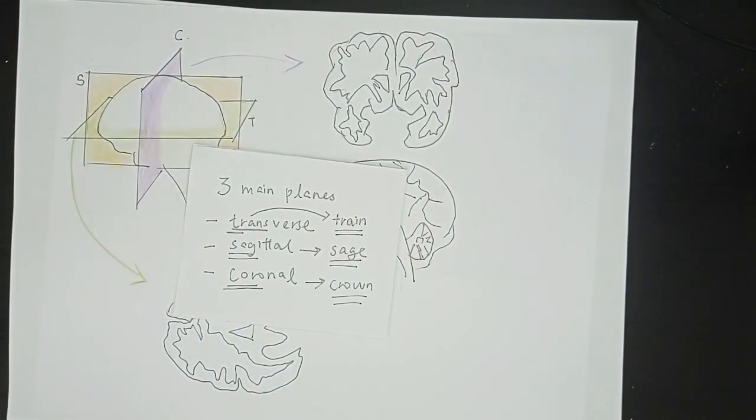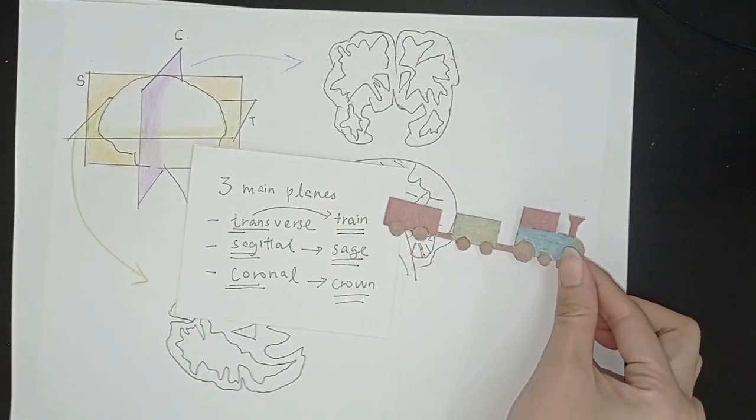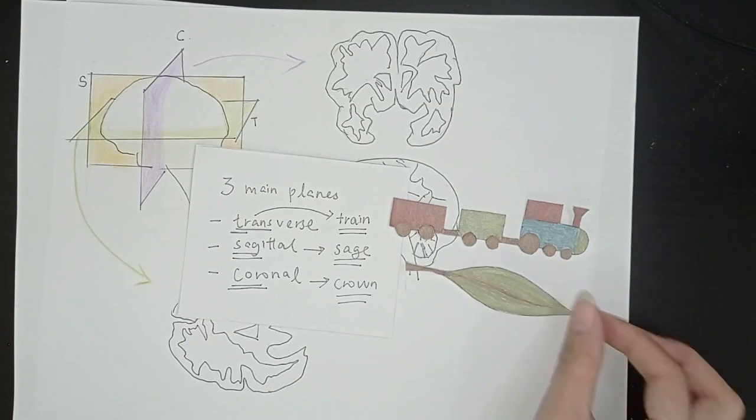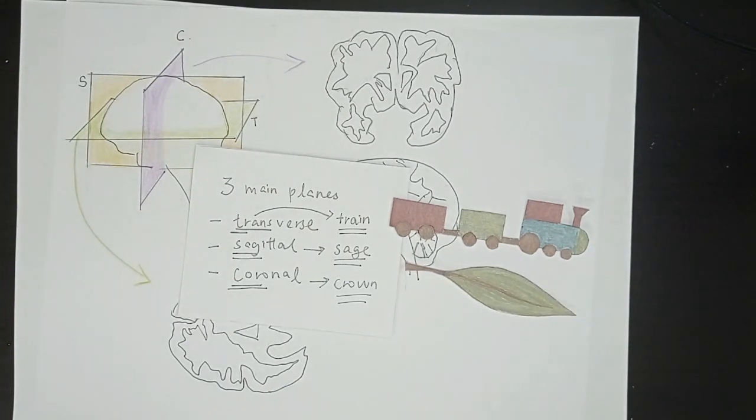Once again, we have the transverse plane as a train, the sagittal plane as a sage, and the coronal plane as a crown.